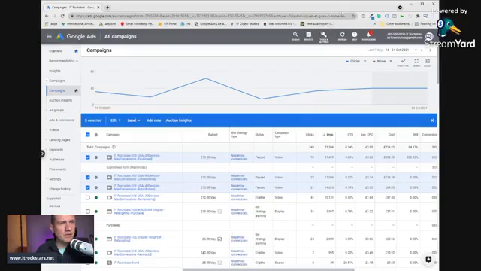But you can see here that we've spent probably around 500 UK pounds, about 750 US dollars, and it's led to only 3 conversions. So only 3 people went to the website and filled in the lead form based on a 500 or $750 spend, which is terrible.